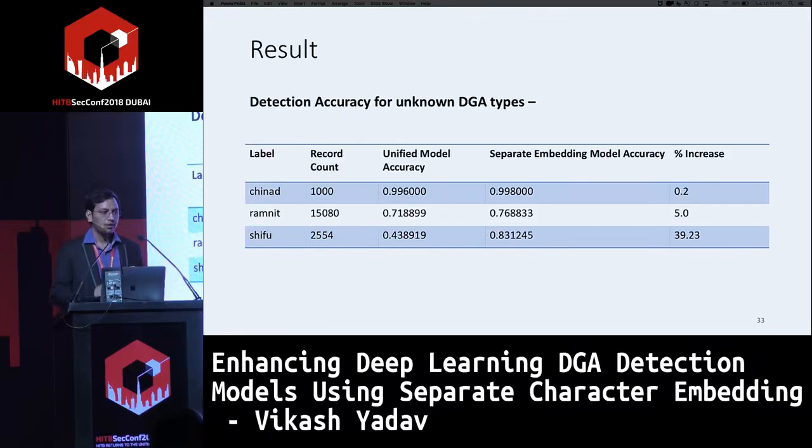So we have a unified model that works well on the known DGA, but doesn't work equally well on the unknown, which is really important. And with our changes, the separate embedding model not only works well on the known DGA, it also works really well on unknown DGA, which is very important for the model to be deployed to production.